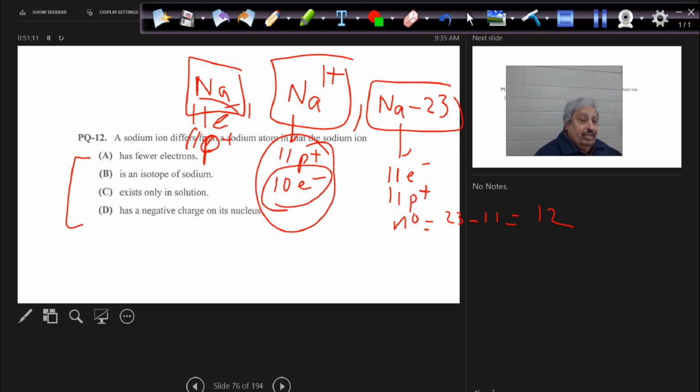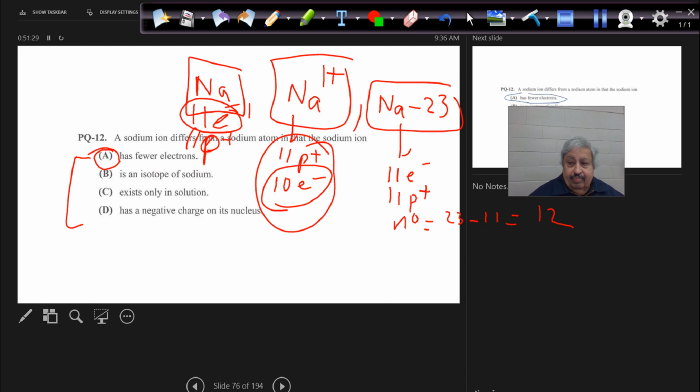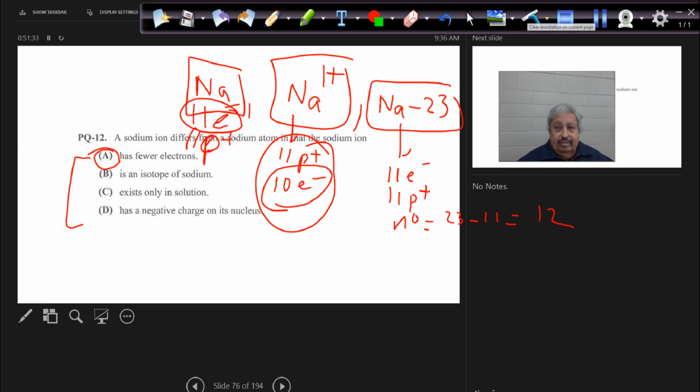This one has what? 11, neutral one. And the isotope will have 11. So that's the reason, correct? Are you following me here? So the answer will be, without thinking, ions will always have fewer electrons. And the answer is A, correct.